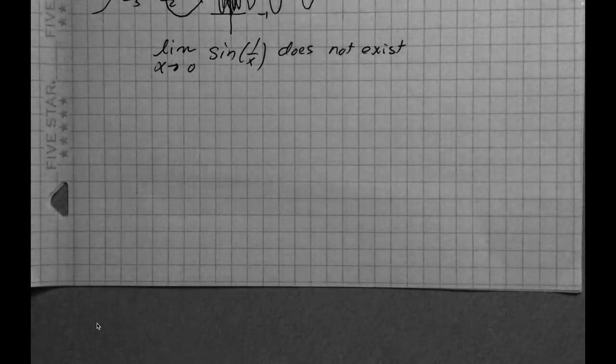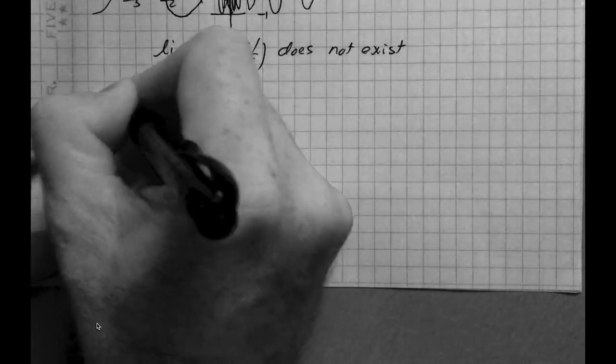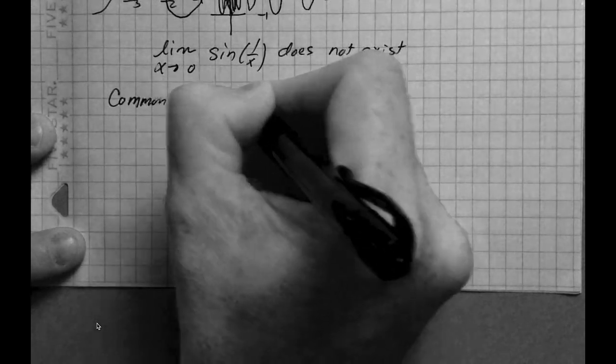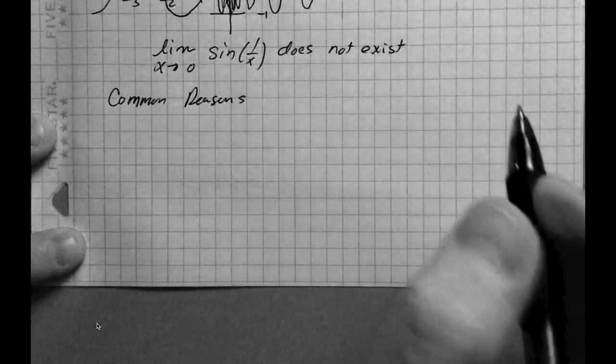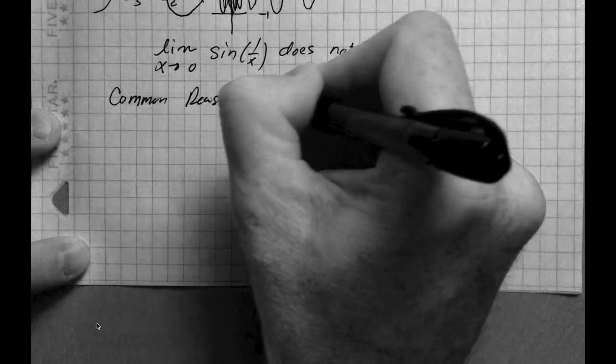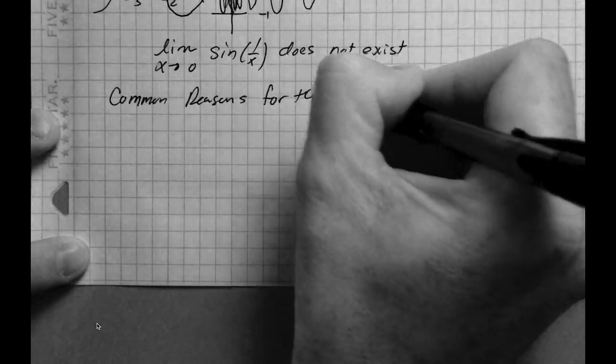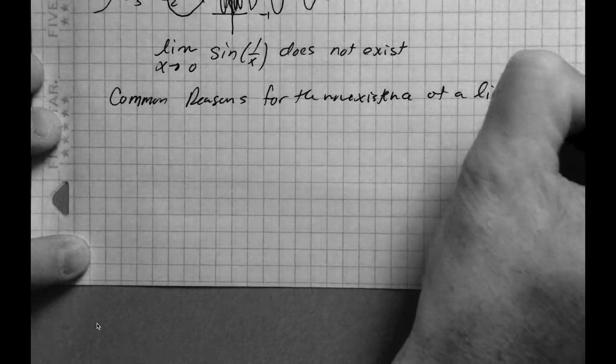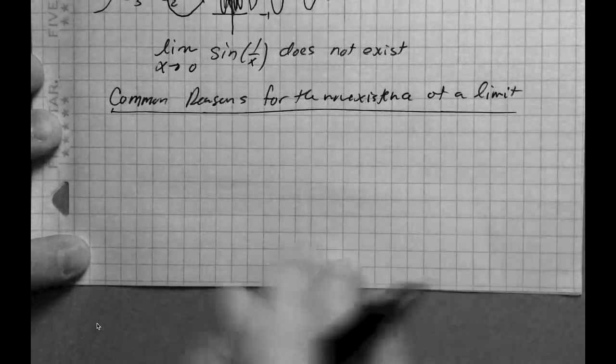Very good. So we've covered a few things, but let's recap here. Common reasons for the non-existence of a limit. So what are those reasons?